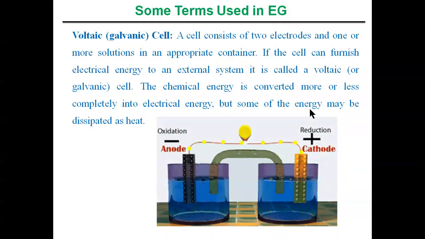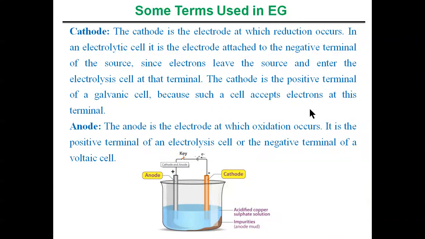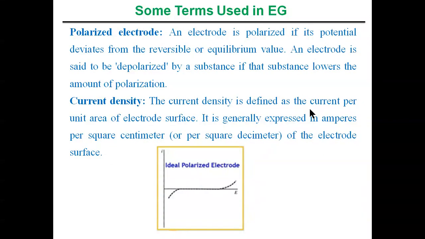We also know what we mean by the voltaic cell, galvanic cell, and of course the electrolytic cell. There are some terms used here like cathode and anode, where oxidation takes place and where reduction takes place. Then what we mean by the polarized or depolarized electrode, and how we calculate or what we mean by the current density.